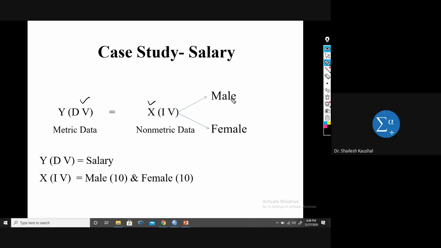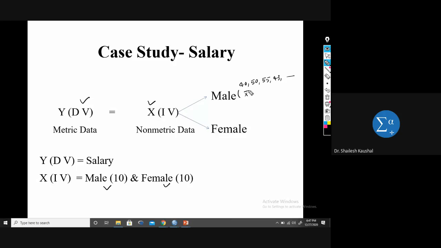Here we are taking 10 male teachers and 10 female teachers. For example, the first teacher's salary is 40,000, another 50,000, someone's salary 55,000, 43,000, and all these things.